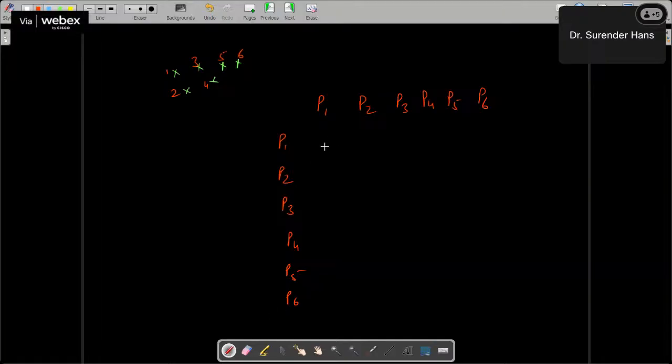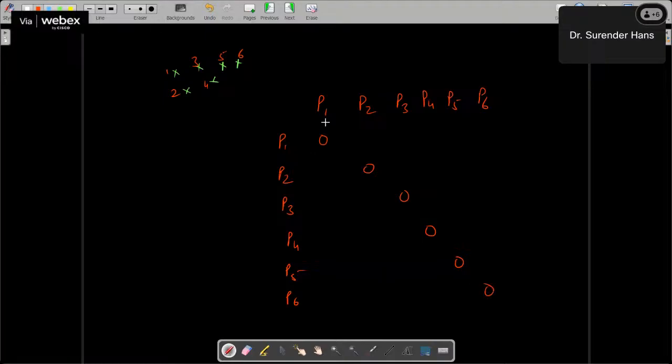Now you see P1 and P1, the distance will be 0. I am writing this matrix in terms of the distance. The distance of a data point to itself is 0. So P2 to P2 is 0, P3 to P3 is 0, P4 to P4 is 0, P5 is 0, and P6 as well.